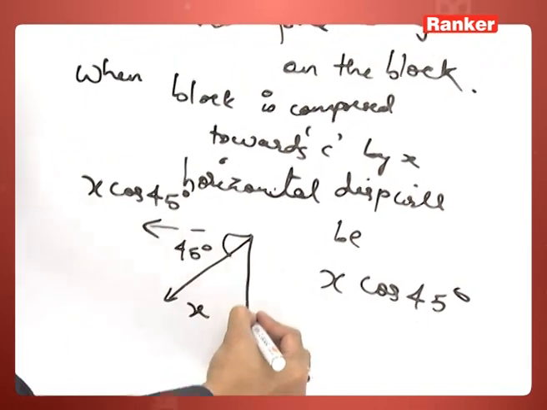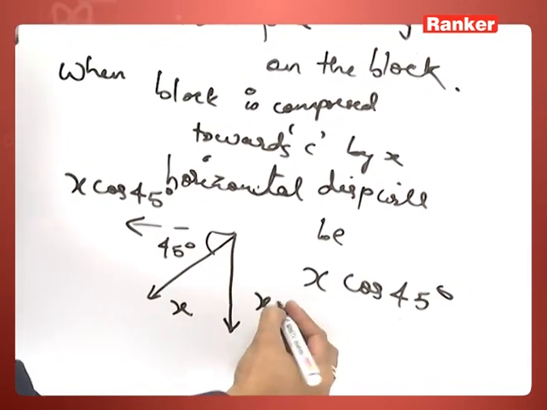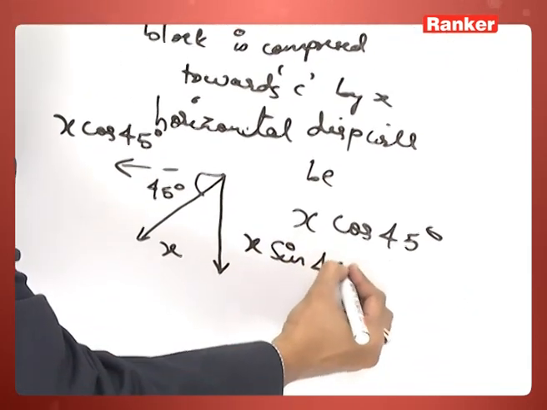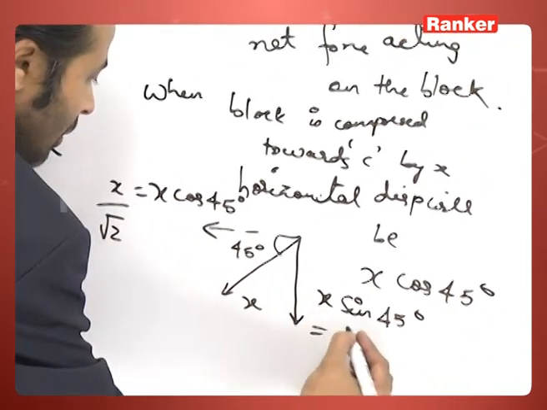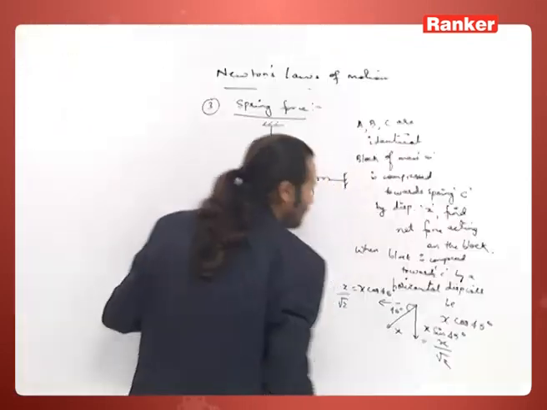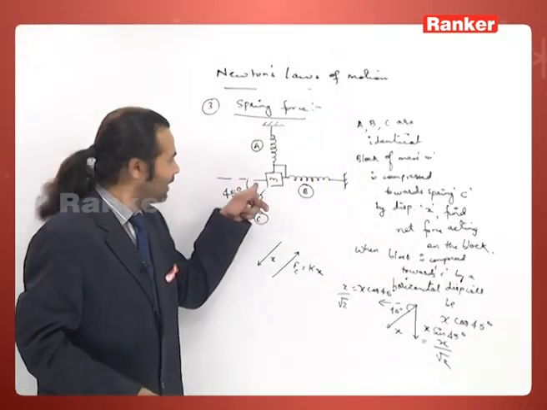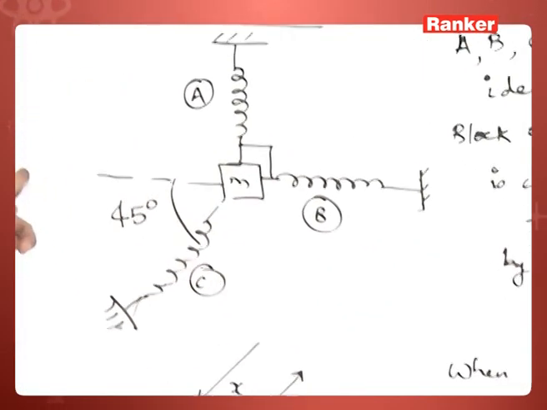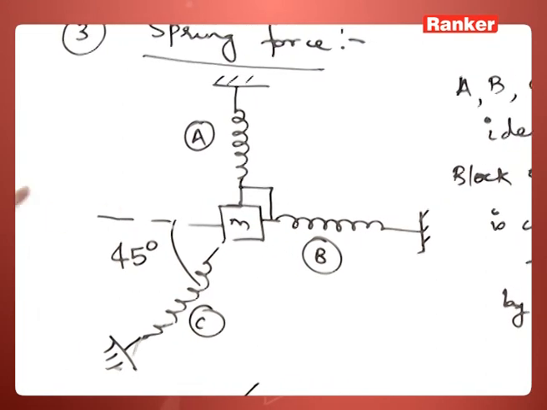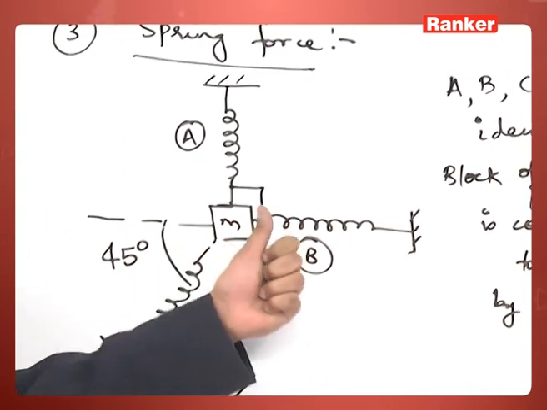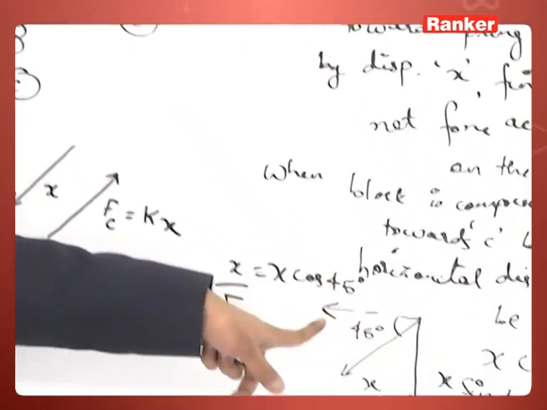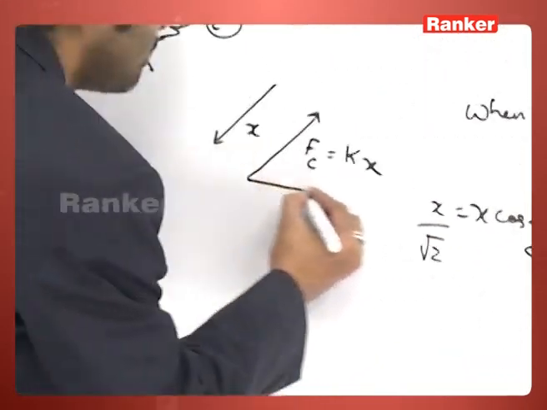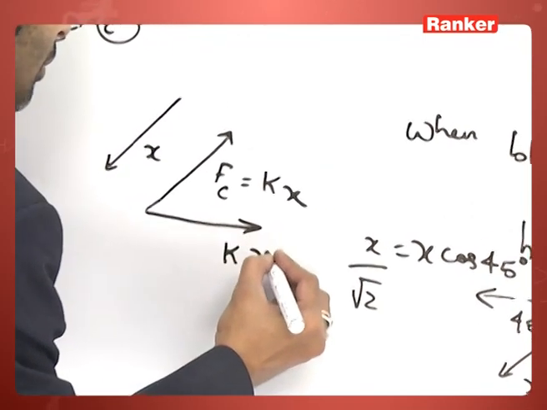The vertical displacement will be x sin 45. That means this is x by root 2, and this is also x by root 2. So when the horizontal displacement is x by root 2, the spring B is extended horizontally by displacement x by root 2. So obviously the spring force will be kx by root 2.